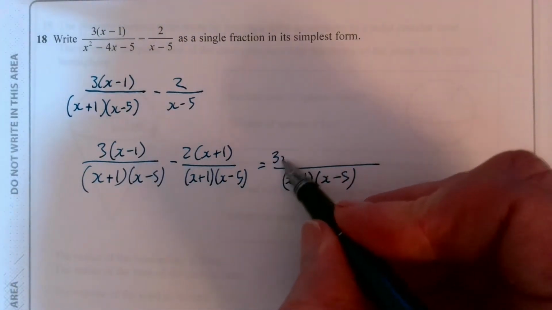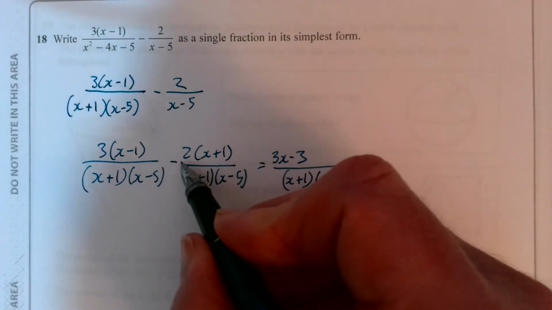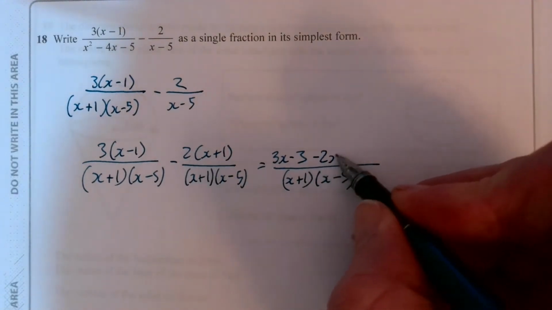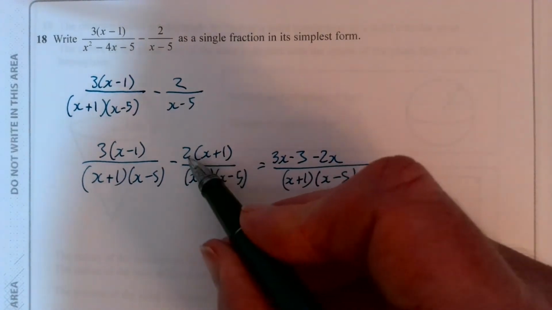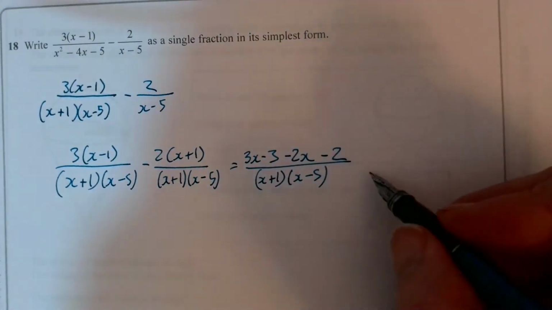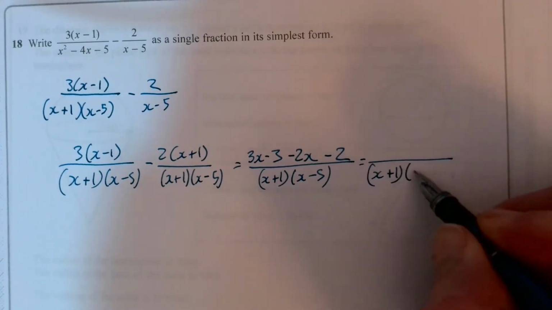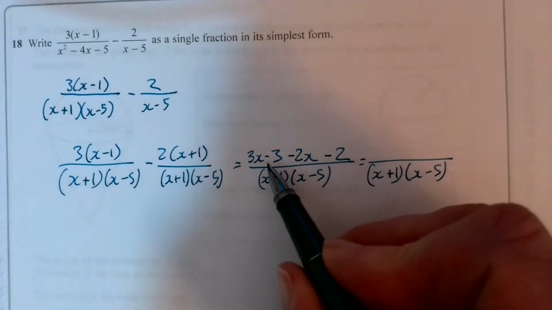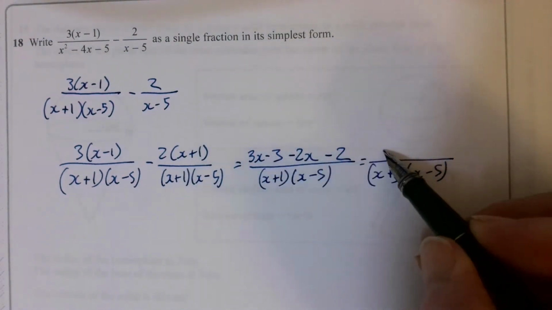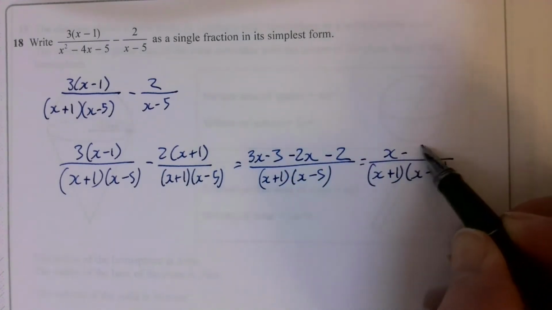I'm going to expand that bracket now. 3x times 3 gives us that. And then my negative 2x, but we're also going to have to take 2 times 1, so that's minus 2. Then if we simplify what's on the top and keep the bottom the same, 3x take 2x is x, negative 3 take 2 is negative 5.